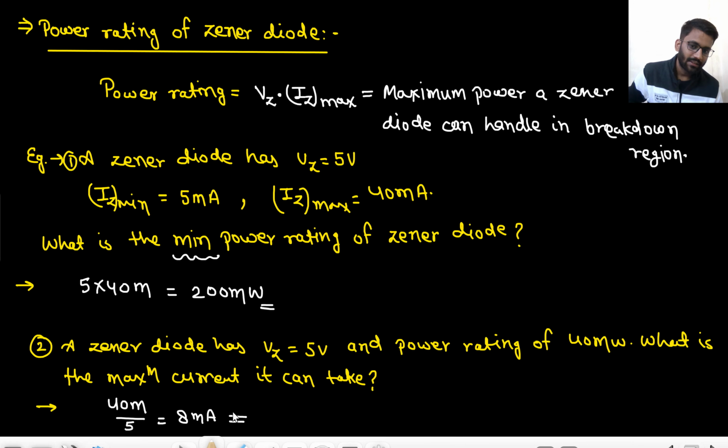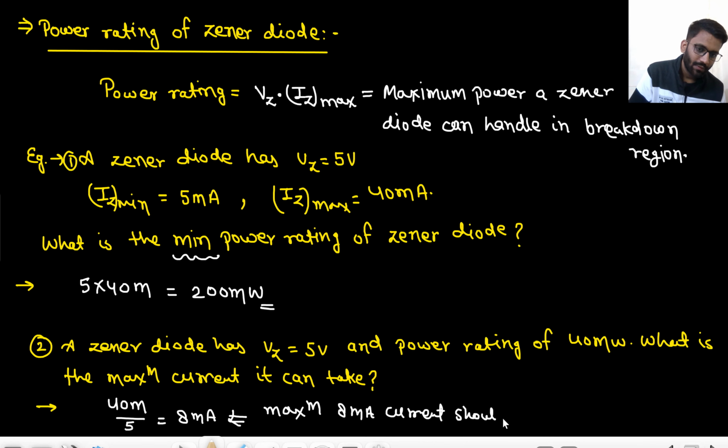So at most, a Zener diode can take 8 milliampere current. Maximum 8 milliampere current should flow through the Zener diode.